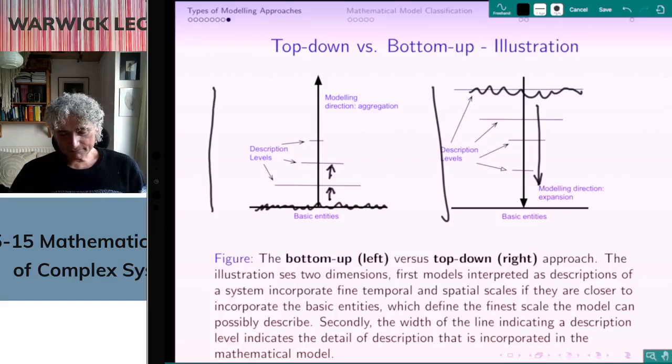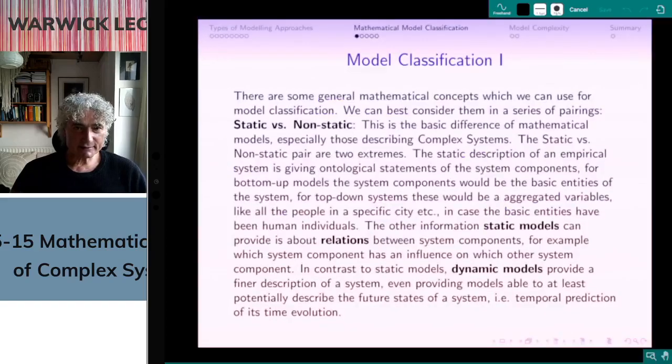Okay, now let's go further to model classification. So after having discussed these two basic modeling approaches, I would like now to tell you a little bit about pairs of model classification.